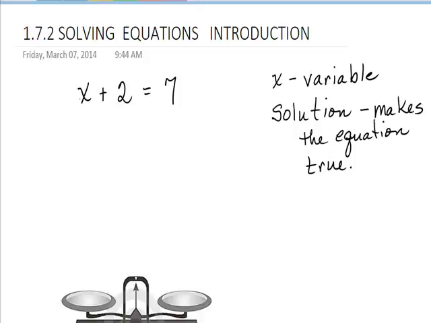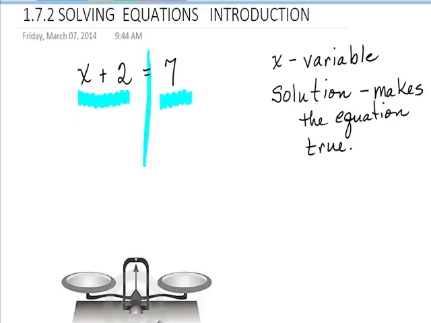But I want to talk to you about process, because as equations get more complicated, you can't see the answer. So there needs to be a process. I want you to think of an equation as a sentence, and there is a left side, an equal sign, and a right side.